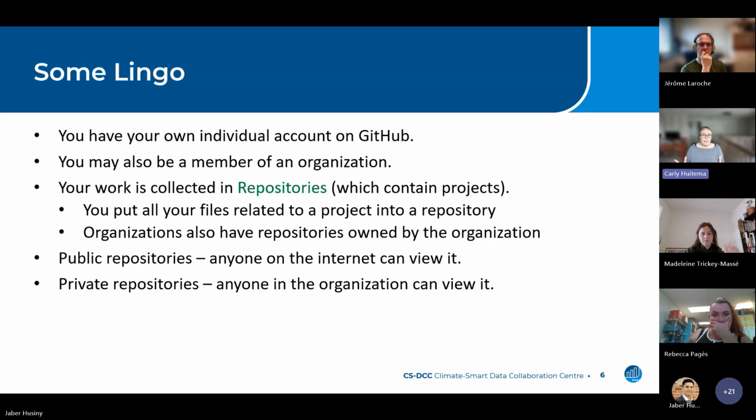All the files related to a project are in a repository, and you will have multiple repositories. Organizations can also have repositories that are owned by the organization. And be aware that you can have public repositories and private repositories. Public repositories are open to anyone on the internet, who can go and view the content, and private repositories are limited. Your private repository is just for you, and if you're in an organization, members of the organization can view it. Next slide.